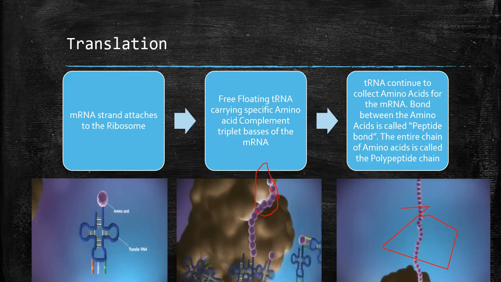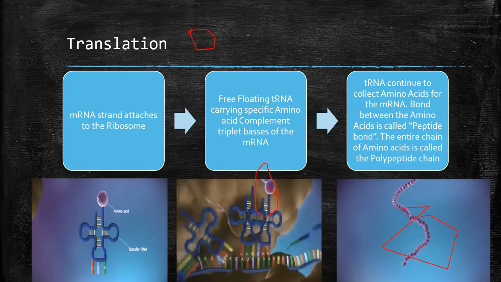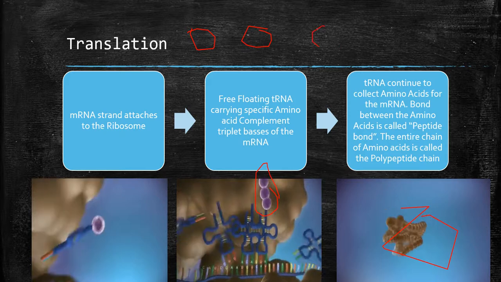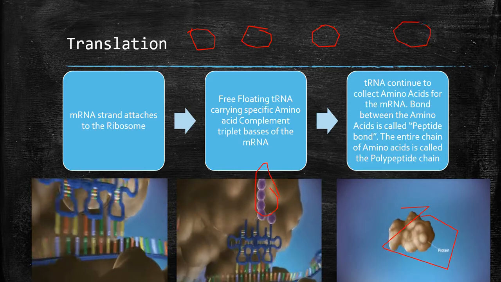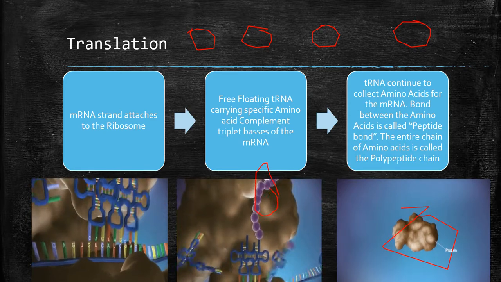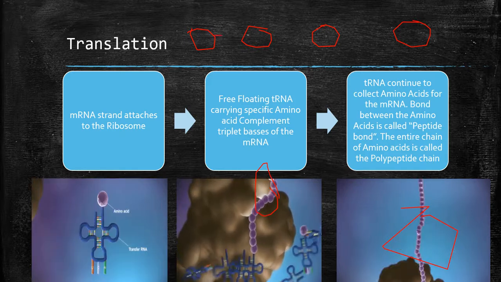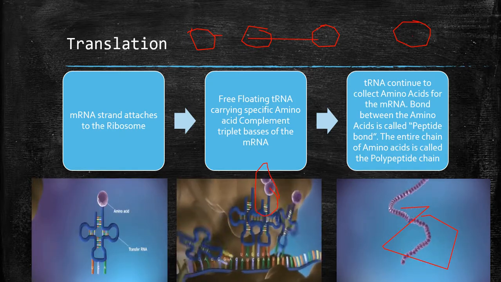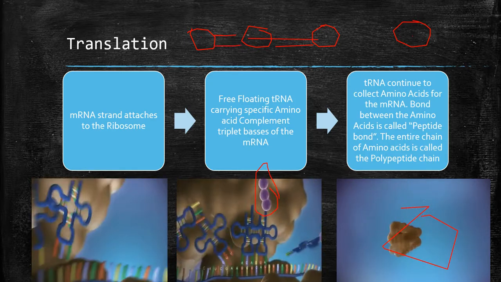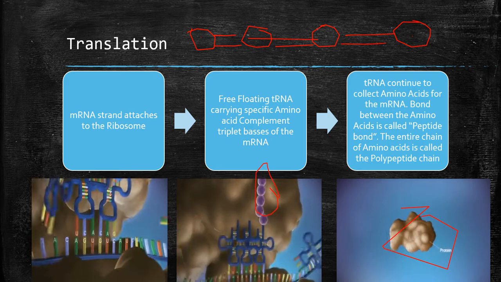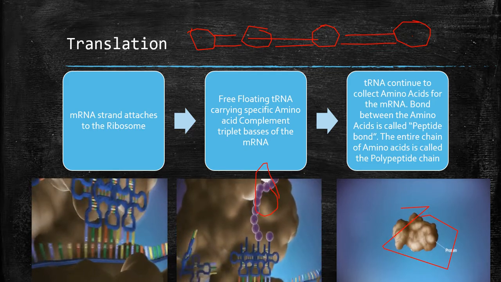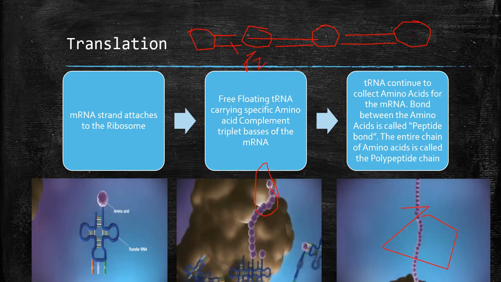The way in which these amino acids are placed together is in a chain. There's a bond between the amino acids, and the name of this bond is a peptide bond.